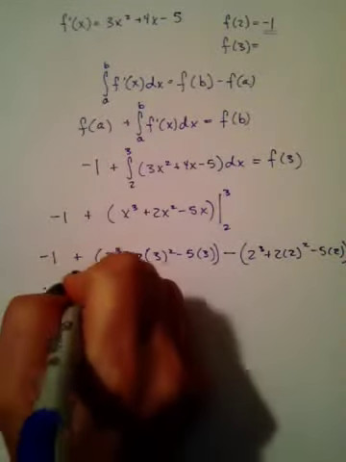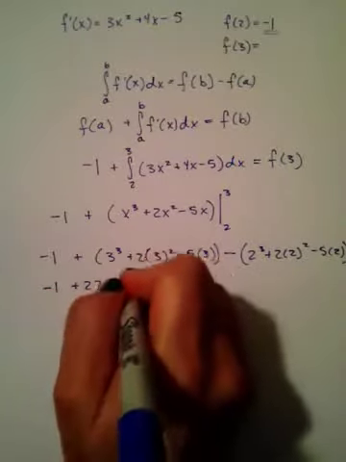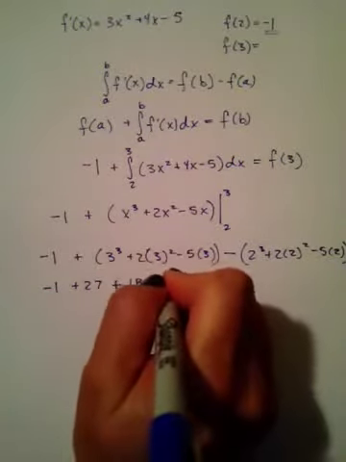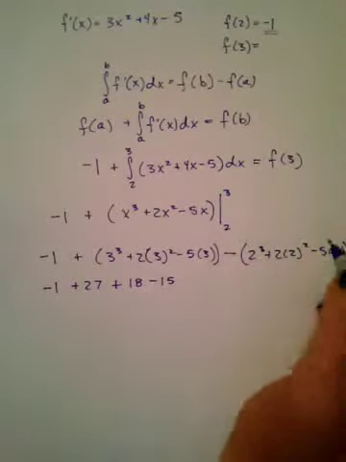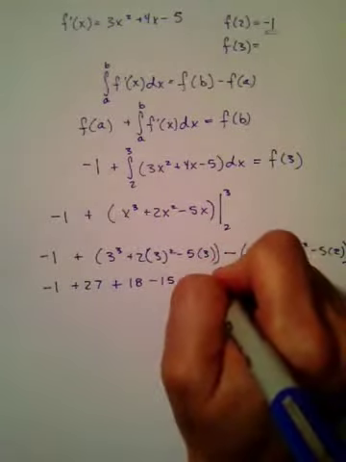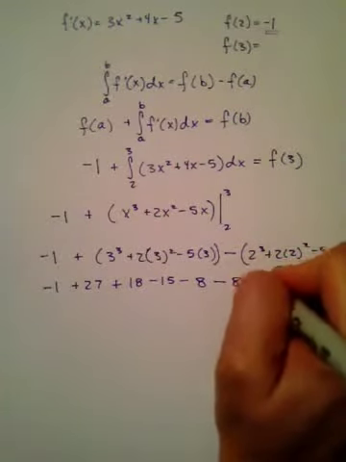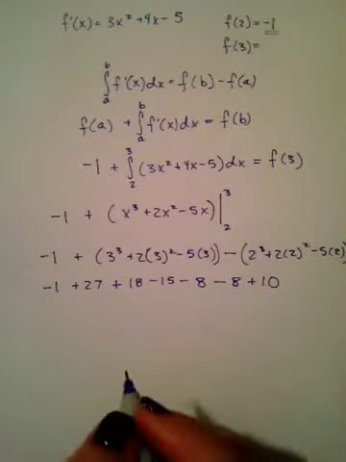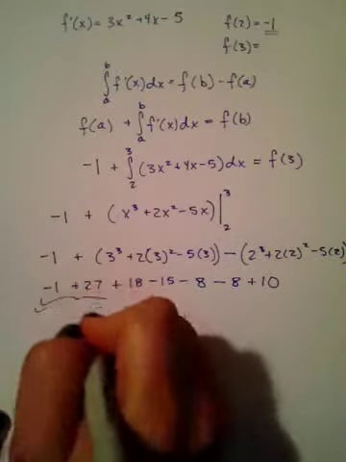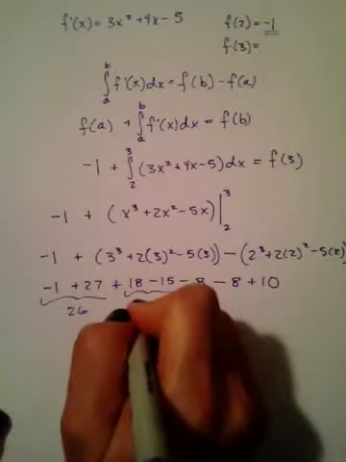So I have negative 1 plus 27 plus 18 minus 15. I'll distribute the negative and multiply as I go. So minus 8, minus another 8, plus 10. And as I go, this is 26. This is 3, so plus 3.